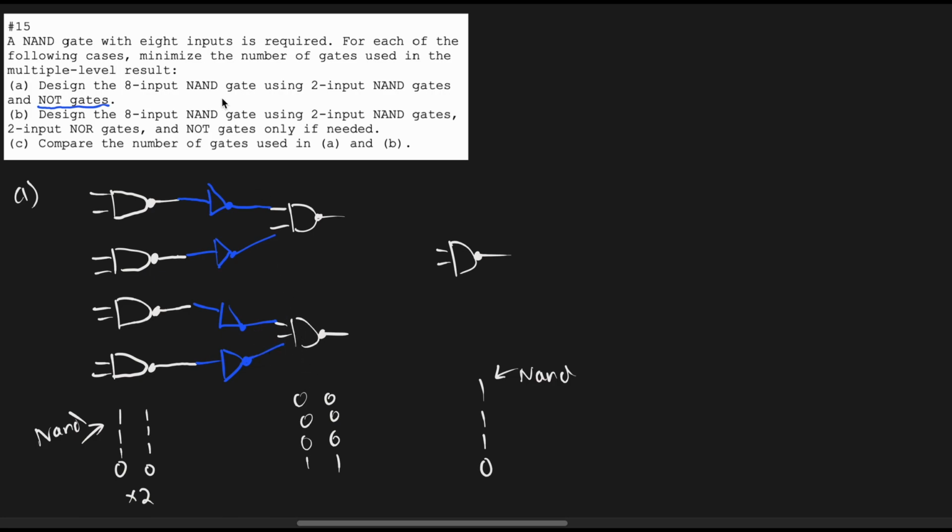Now if we do this, we have a NOT gate here, and a NOT gate is basically the opposite of our inputs. So that means we're going to have 0, 0, 0, 1, 0, 0, 0, 1 times 2.